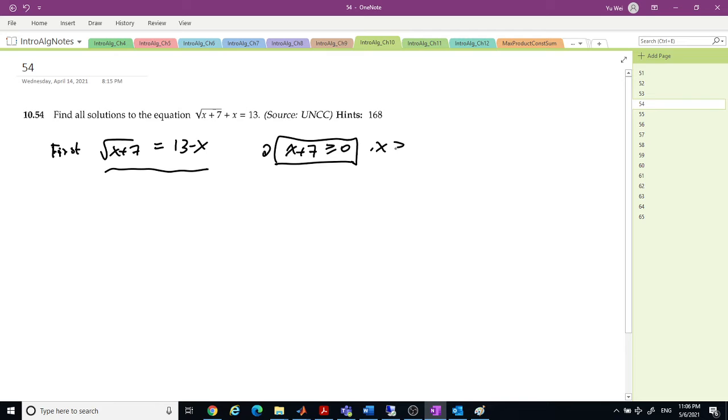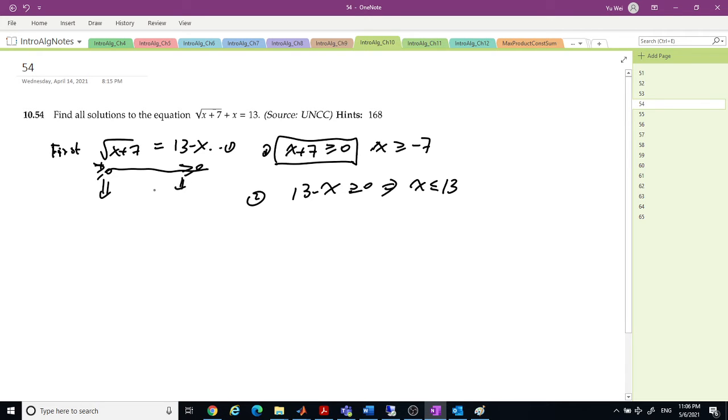So we need this one greater or equal to negative 7. And the second thing is, this one is positive, greater or equal than 0. So 13 minus x greater or equal than 0. That means x less or equal than 13. Okay. This is the first step.